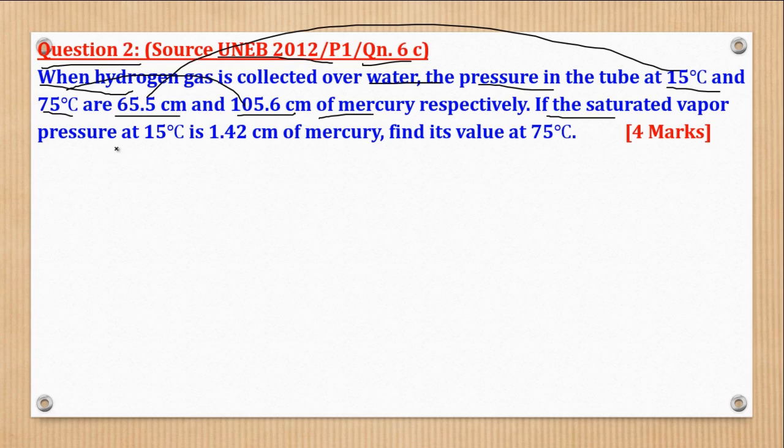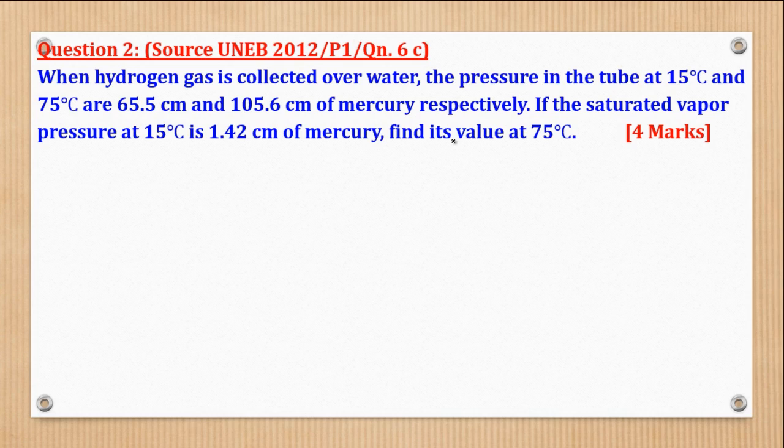If the saturated vapor pressure at 15 degrees Celsius is 1.42 centimeters of mercury, find its value at 75 degrees Celsius.